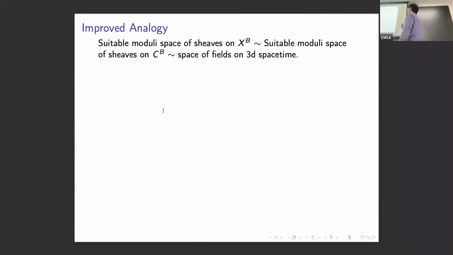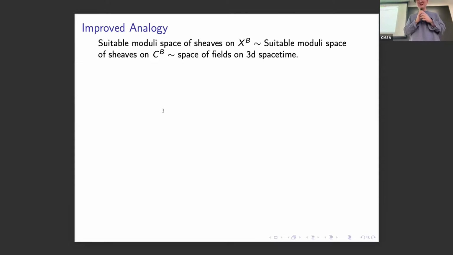Some aspects of the analogy can be improved. For example, if we look at sheaves on these objects, the analogy between them is actually much better than between the geometric objects themselves.